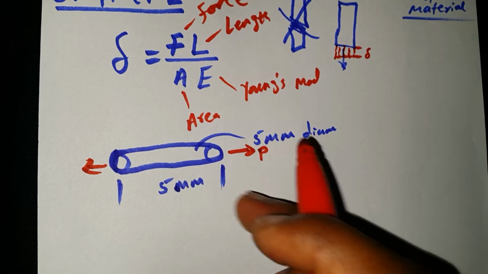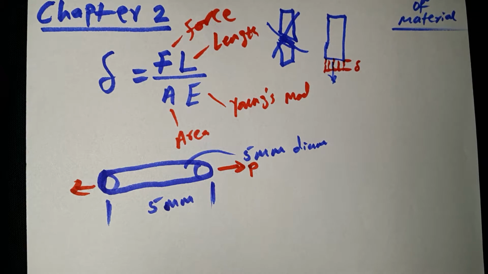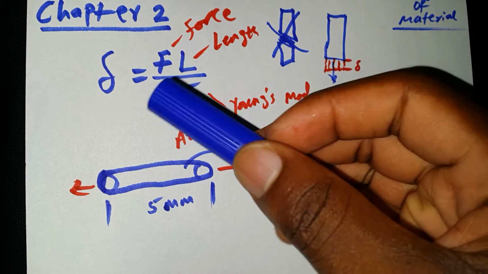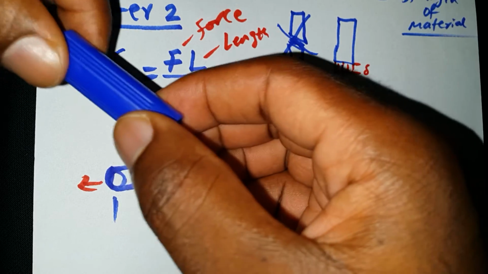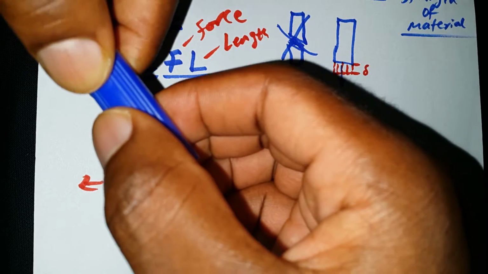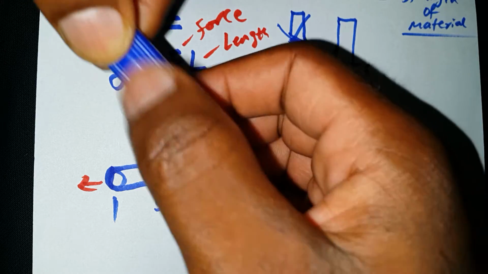Now let's try to solve this to find the deformation. I want to try to use something to explain. When we have a cylindrical member, and a force is applied from both sides, this member will try to deform from any part of it.